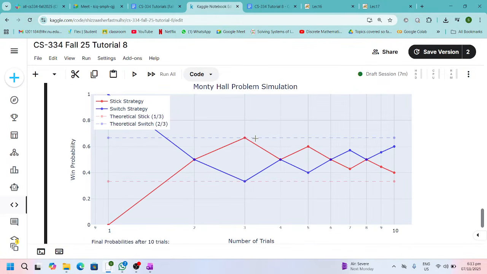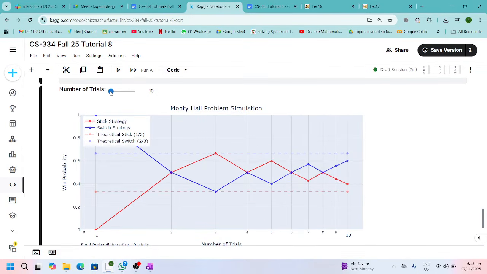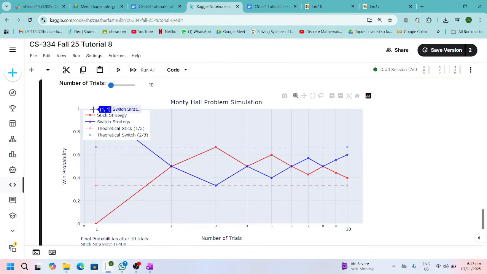Now, we will see that in this problem, you have selected the number of trials. You have this interactive available over here on the board, and I've selected 10 right now. The red line in bold highlights the strategy where you stick to the original door of your choosing, in which case your theoretical probability of winning should be 1 over 3.